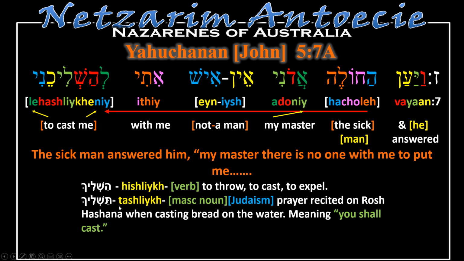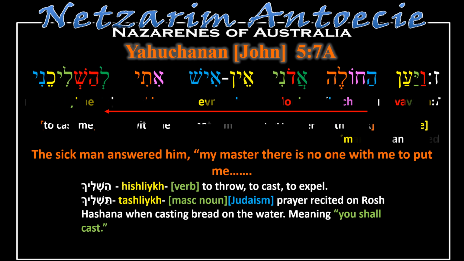And then we've got tashlik, which is a masculine noun found in Judaism for the prayer recited on Rosh Hashanah when casting bread on the water. And again, its meaning is you shall cast. So let us read that now.